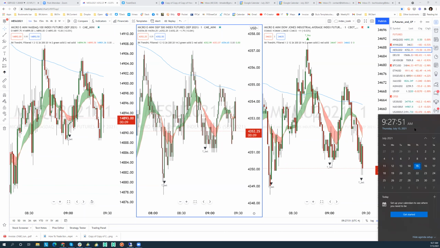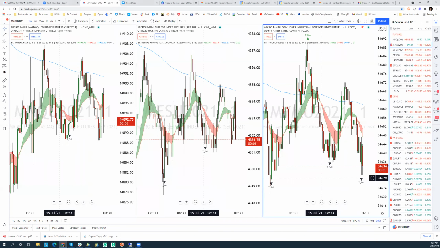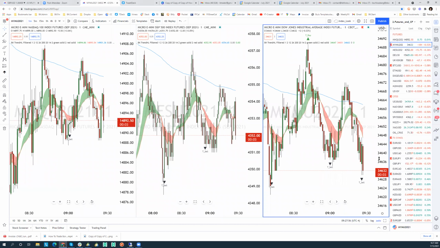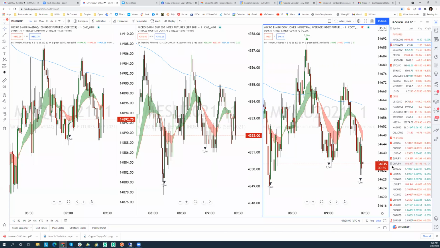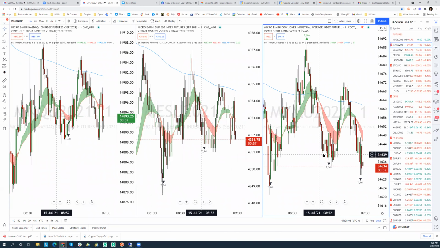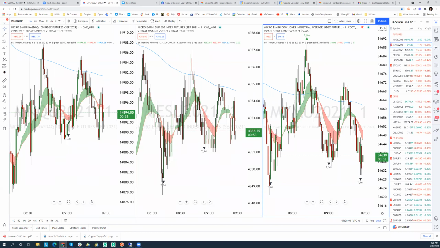All right, 2 minutes to the open. Oh, we actually have, what am I looking at? Dow has got a sell signal. Yeah, it's Dow. You know what? I'm gonna play that just for shits and giggles with a 40-20.